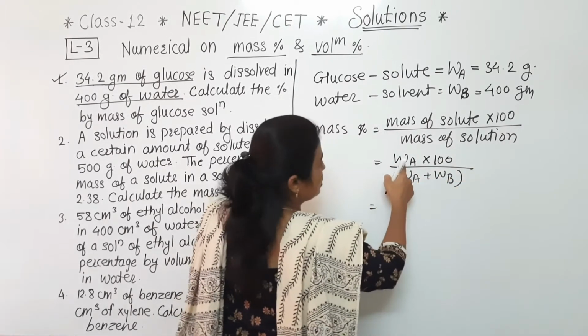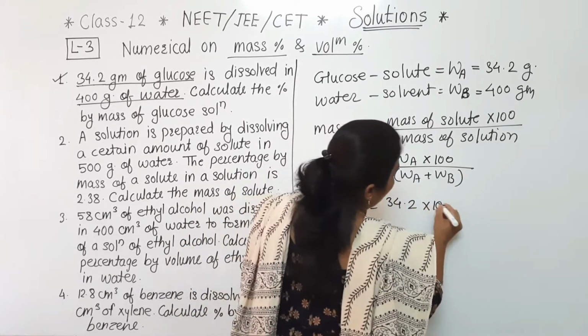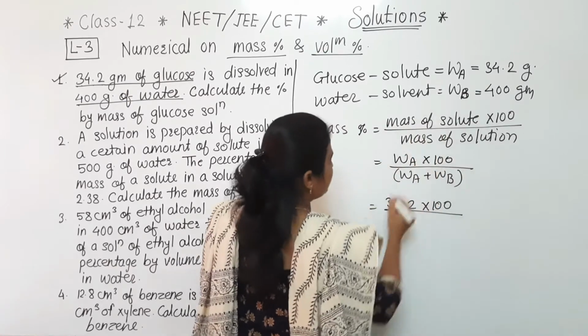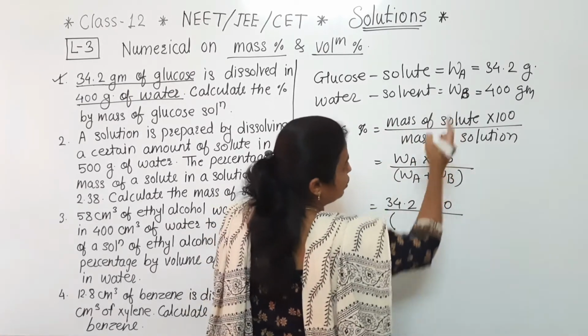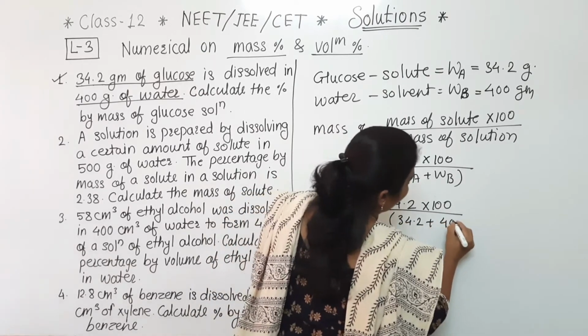So how to solve it? See, WA is 34.2 into 100 divided by, here we have to take the sum of these two, that's why 34.2 plus 400.